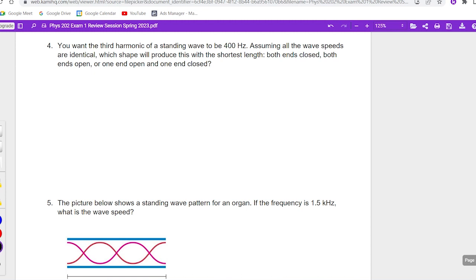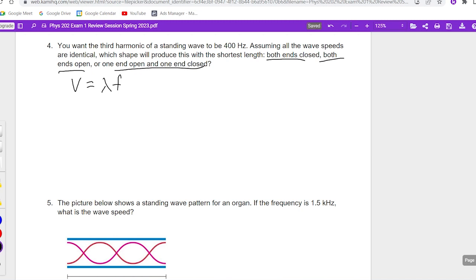If we want to produce a standing wave of 400 hertz, then what we're talking about here is the equation V equals lambda times F. Now, specifically, we want to produce the frequency, but what do we know about those 3 equations for both ends closed, both ends open, and one end open, one end closed?